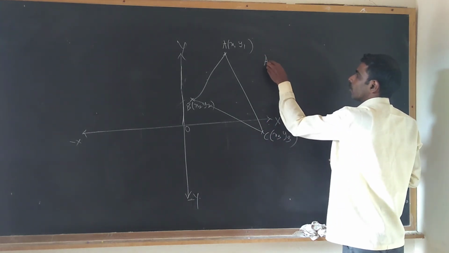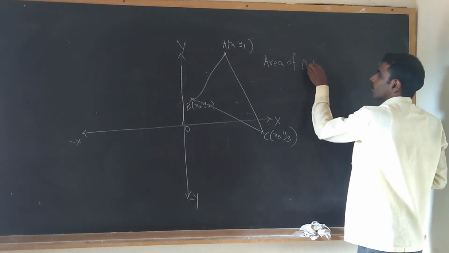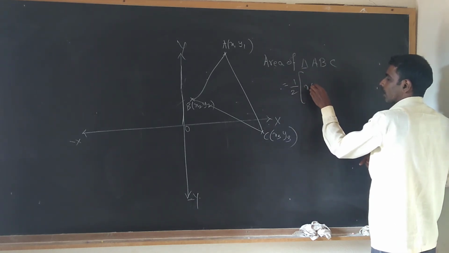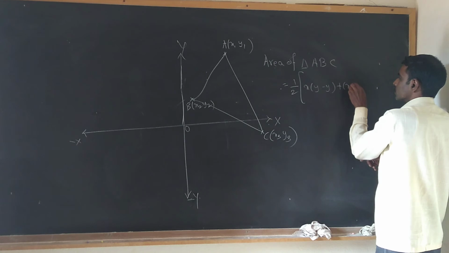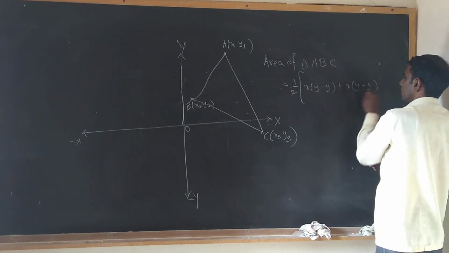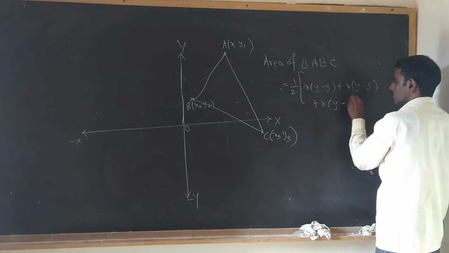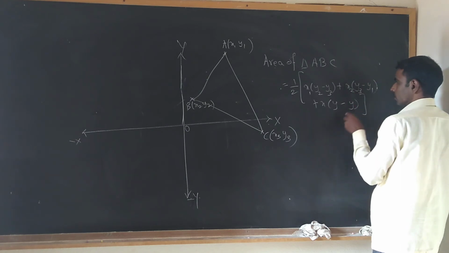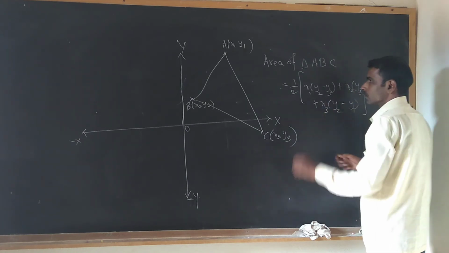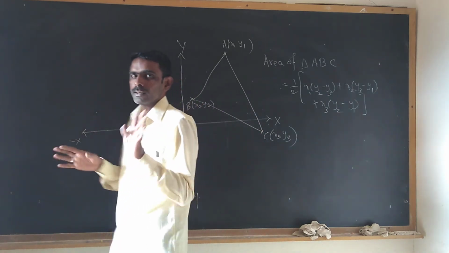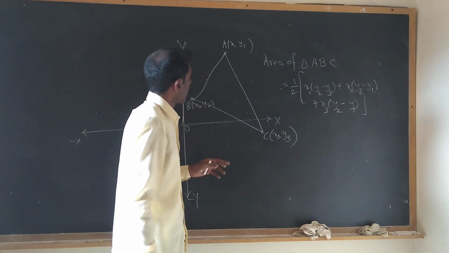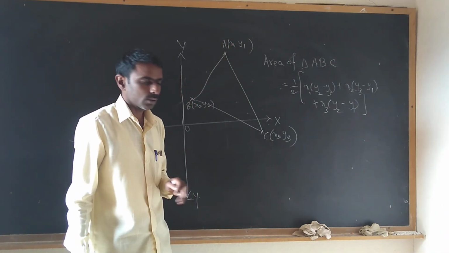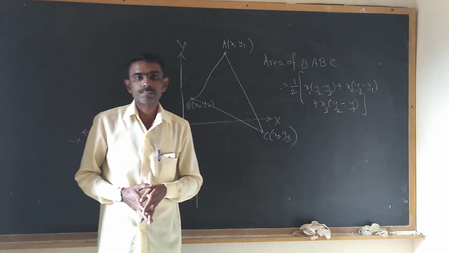These are the points here. Then the area of the triangle ABC is given by what? 1 by 2 into x1(y2 minus y3) plus x2(y3 minus y1) plus x3(y1 minus y2). This is the area of the triangle whose coordinates are A of x1, y1, B of x2, y2, and C of x3, y3.